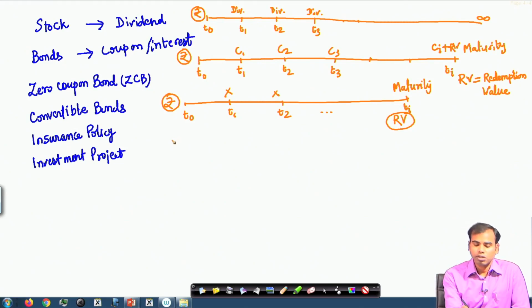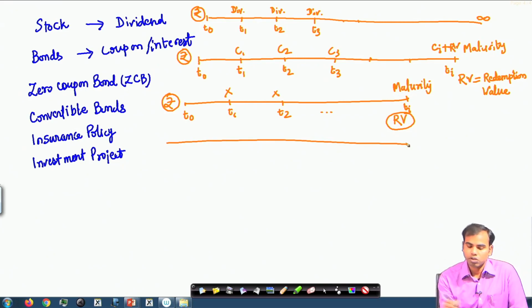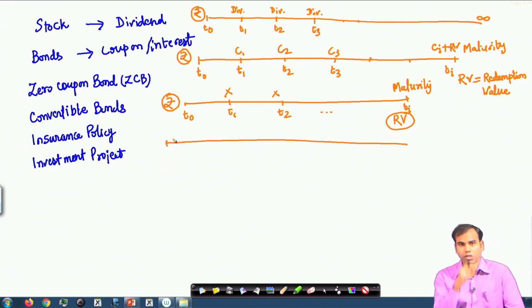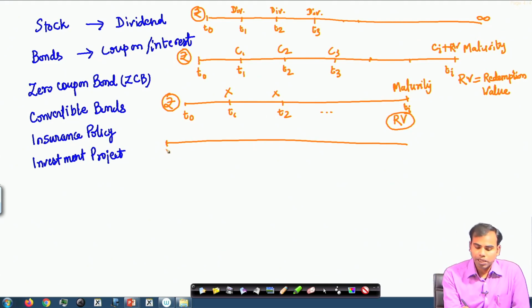Similarly, in an insurance policy, for example, you pay some amount of money for buying the policy, and the policy has some features such as being endowment in nature. So, you have to pay some premium. Premium basically is going out of your pocket from day 1. So, premium 1, then premium 2, again negative, premium 3.